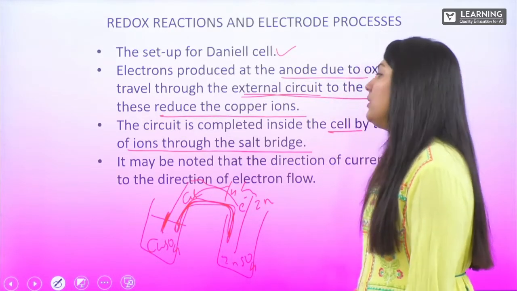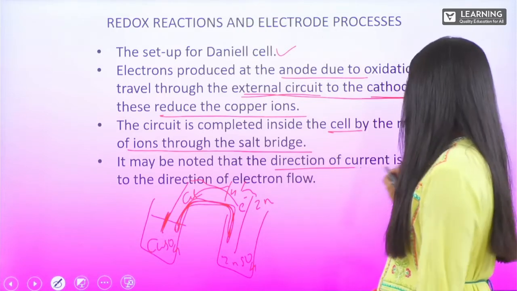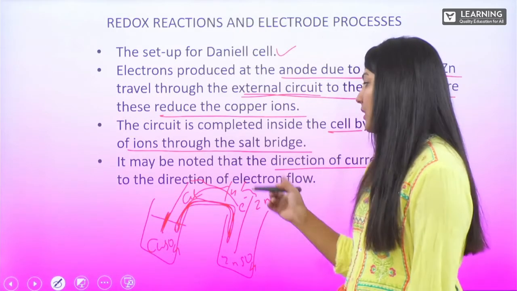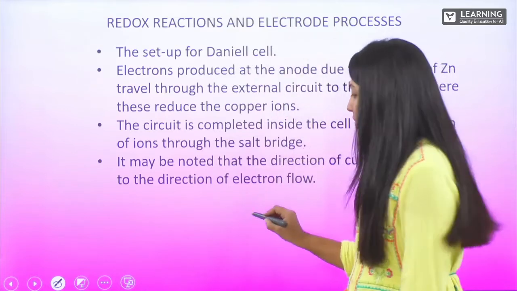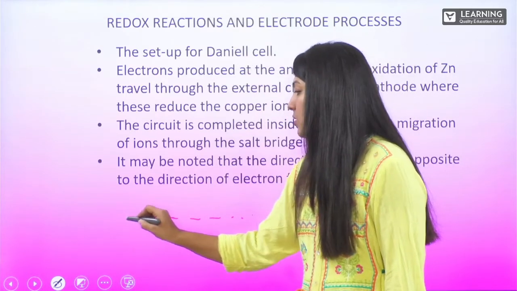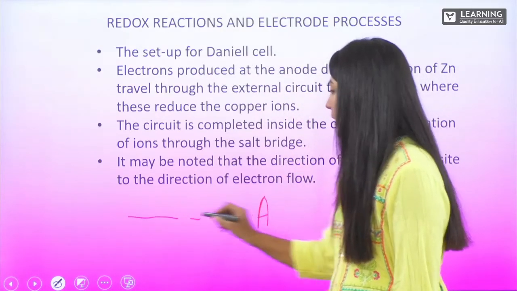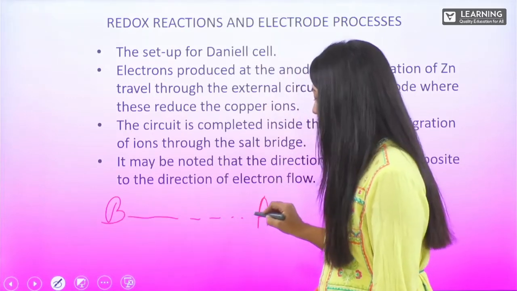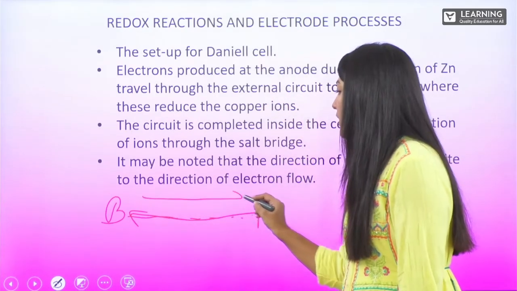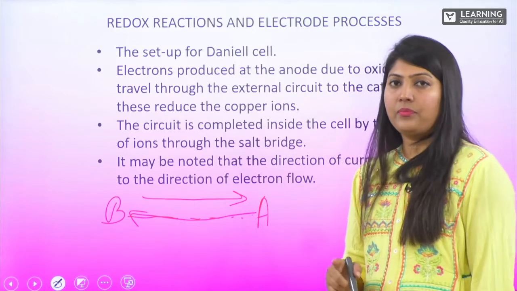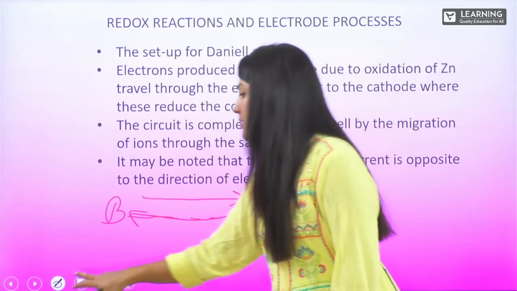It may be noted that the direction of the current is opposite to the direction of electron flow. Yes students, this is correct. Whenever electrons are moving from A to B, we say that current is flowing from B to A.